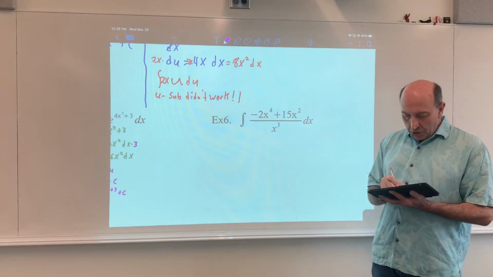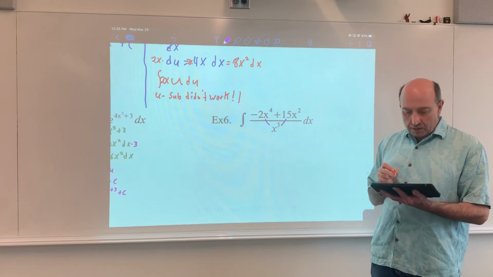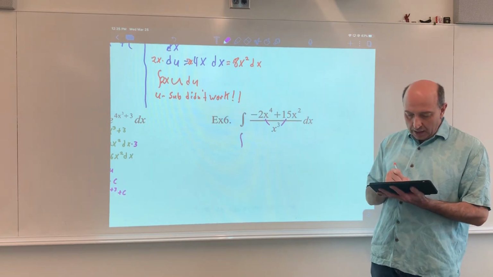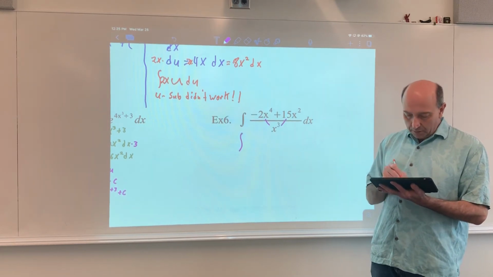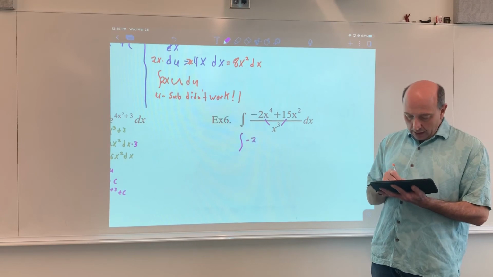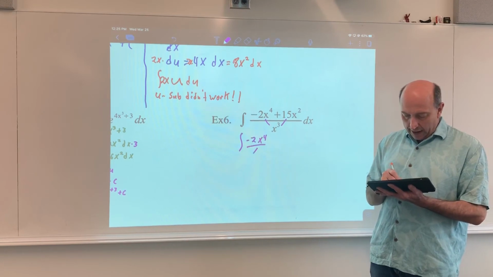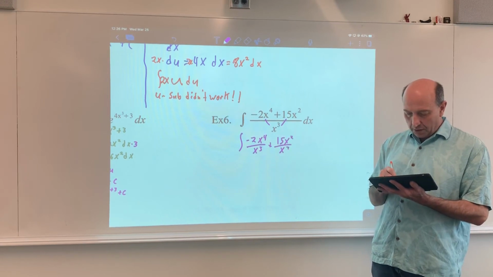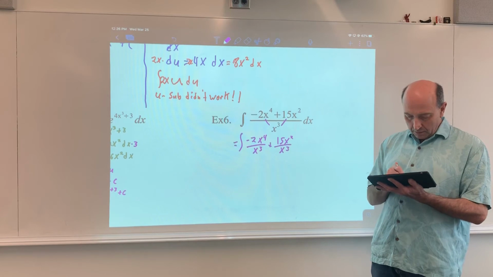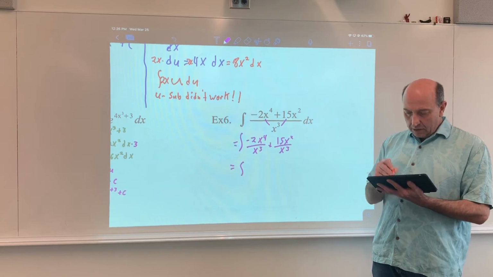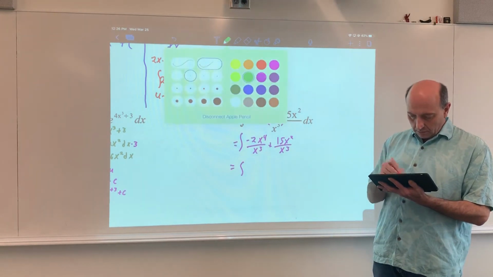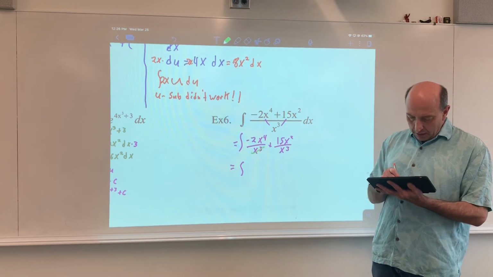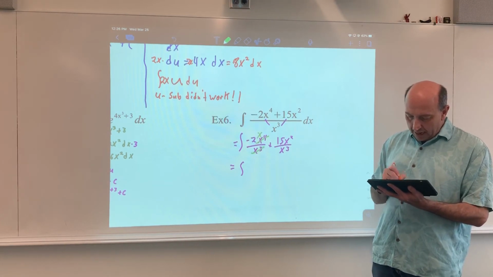Oh, but I can just distribute the x to the third to both terms. I can rewrite it and use the inverse power rule. So it's negative 2 x to the fourth over x to the third plus 15x squared over x to the third. And that is, so the x to the third cancels, there's an x left on top.